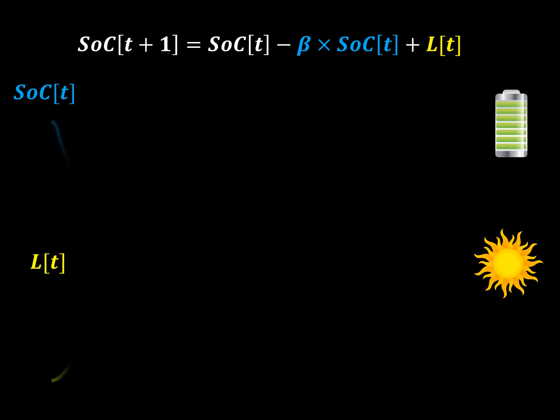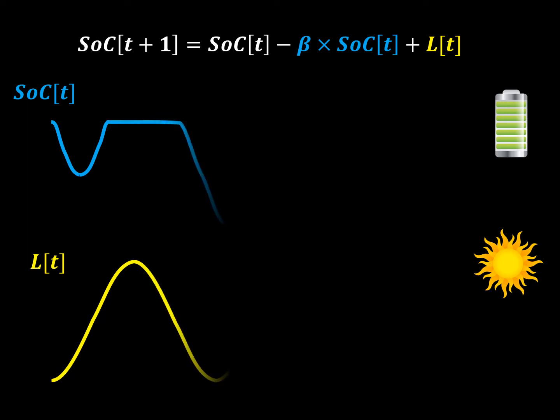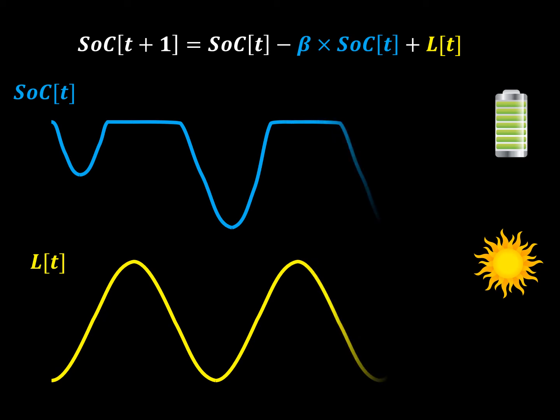Now we can see that as the luminosity is increasing, the state of charge also increases until it reaches a maximum value. And when the luminosity decreases, it only discharges and it reaches subsequently the maximum value again. And it continues this behavior in periodic fashion.